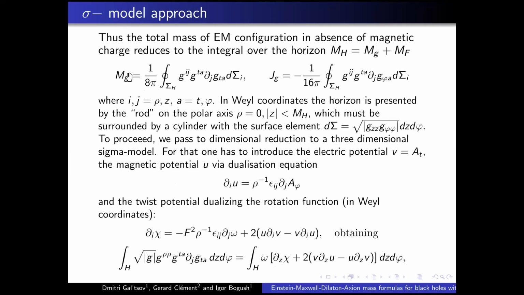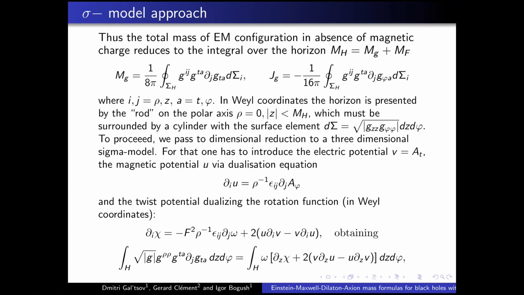So finally, we have to add the gravitational contribution. This is just the Komar integral, which is expressed in the metric already, and for momentum too. And then the crucial point is that you have to dualize the electromagnetic field, in the three-dimensional reduction of the Einstein-Maxwell system.